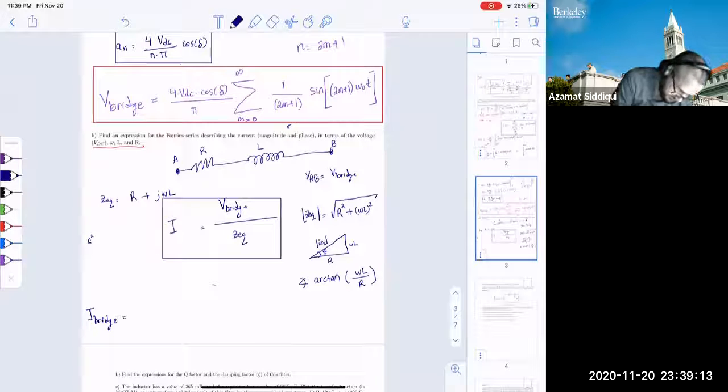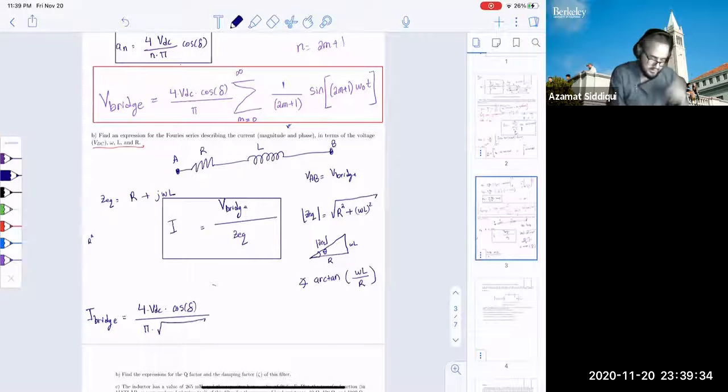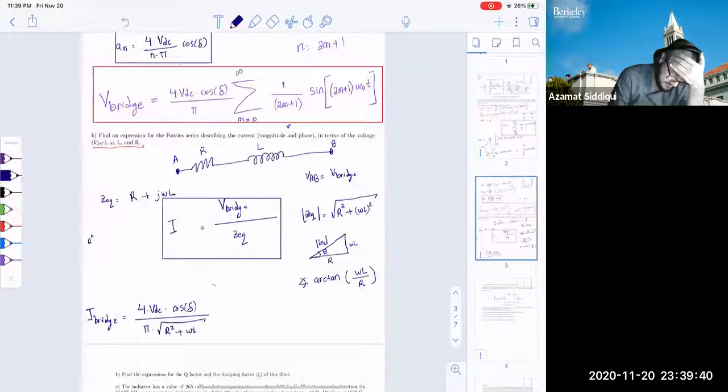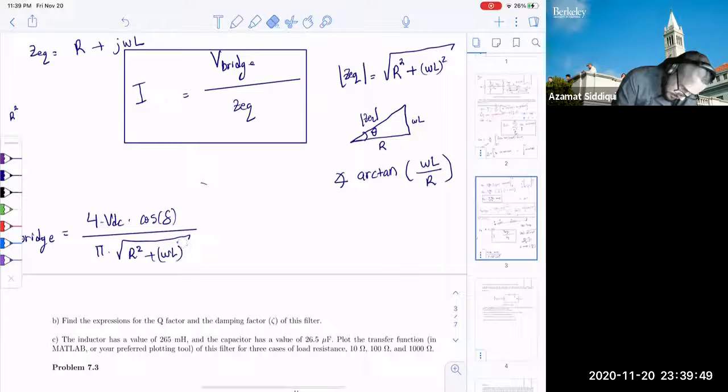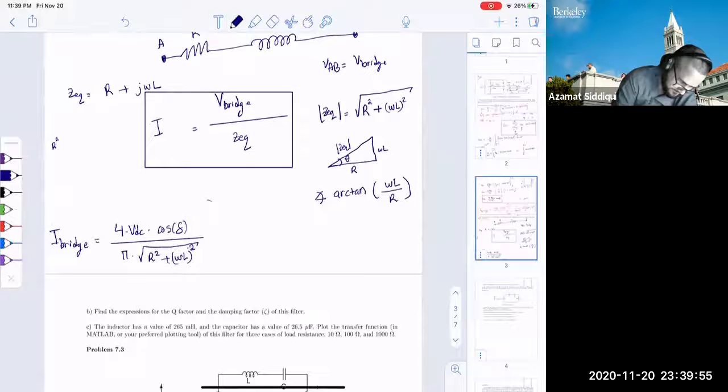So it's going to be 4 times cosine of delta, whole thing divided by pi, times the magnitude for the equivalent, which is the square root of R squared plus omega L squared.